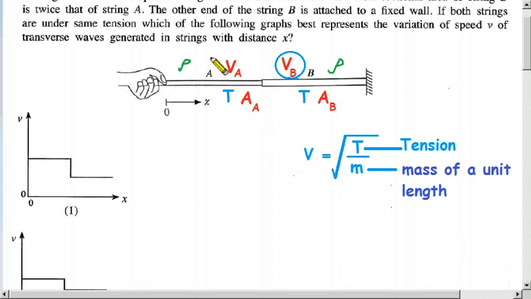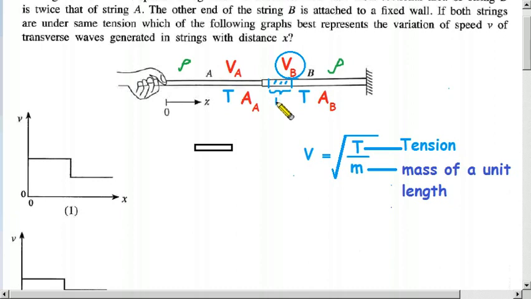Now, for the mass of a unit length, imagine that this is a piece taken from the string.